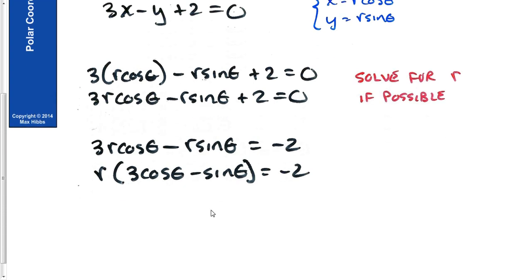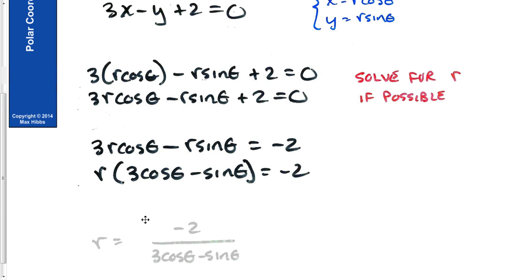Well, if I want to get r alone now, I can divide this factor out. This is kind of like r times 5, or 5r. If I wanted to know what r is, I divide out that factor, don't I? And so I'm going to divide on both sides by 3 cosine theta minus sine theta. And when I divide on the left, I'm left with r.